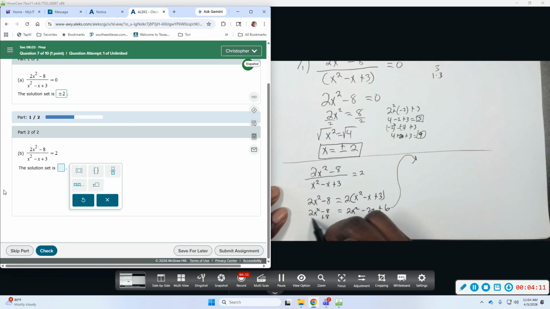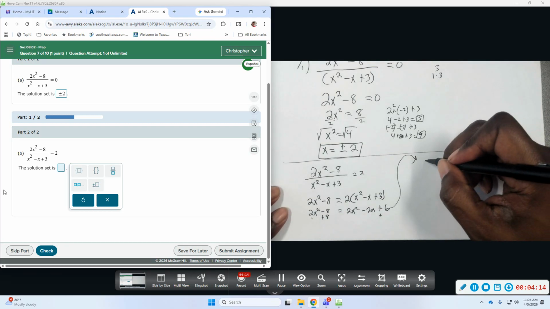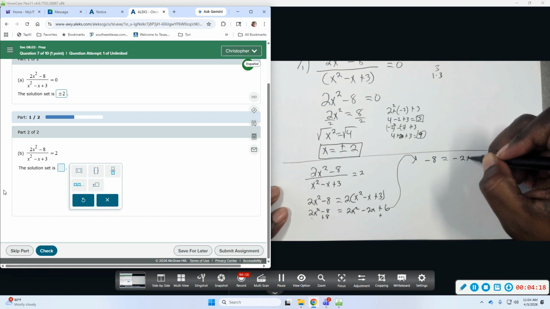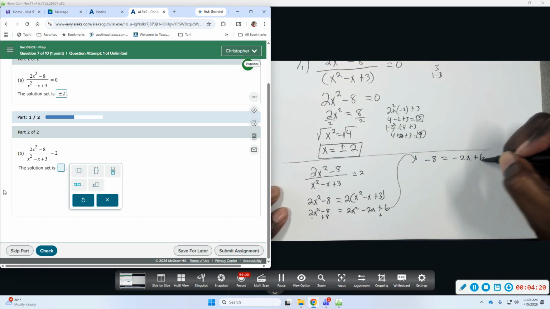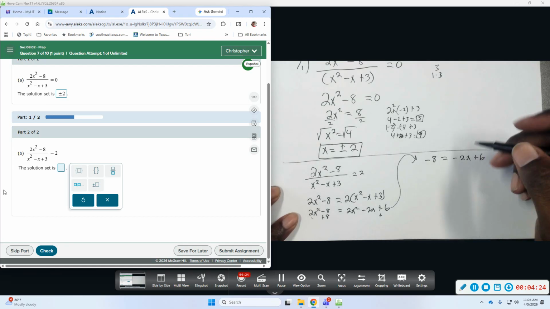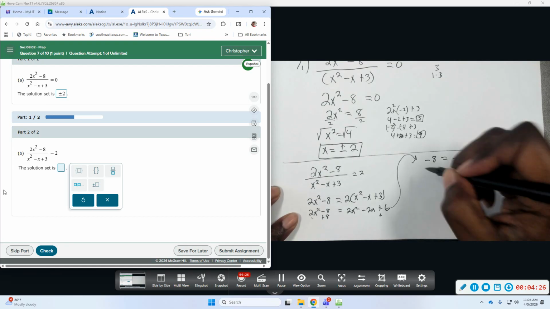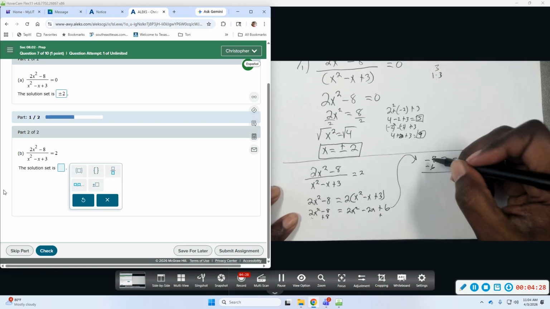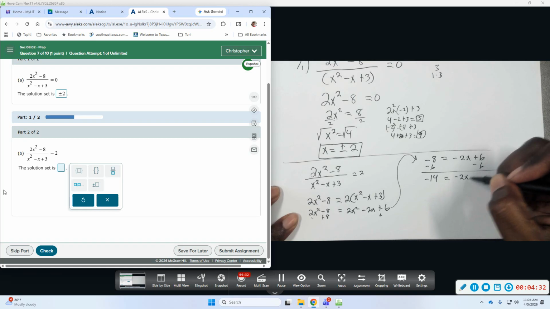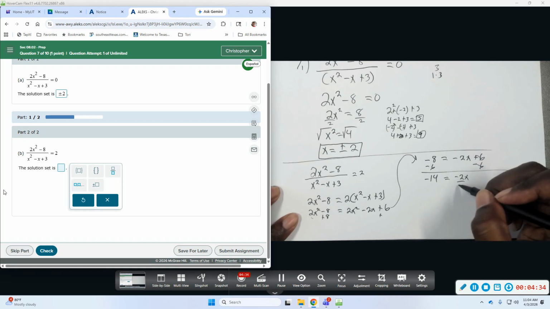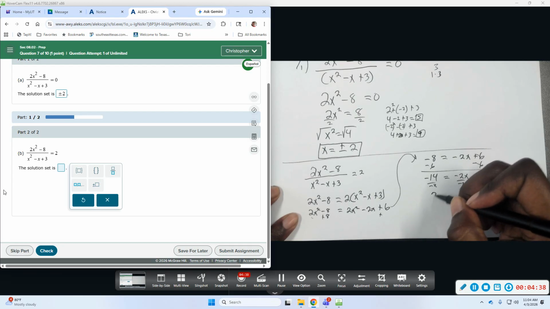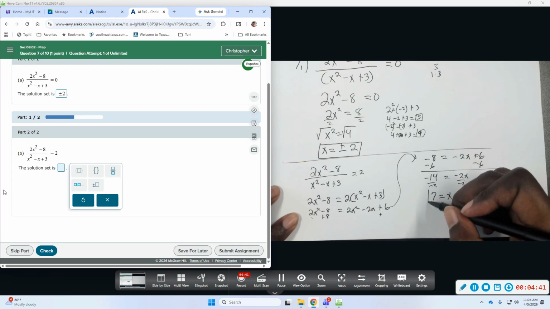So subtract 2x, it will cancel that out, leaving me with a negative 8 equals negative 2x plus 6. Since I have a linear expression, I'm just going to move the 6 over. So subtract 6. This gives me a negative 14 equals a negative 2x. And then divide by negative 2. And that gives us a positive 7 equals x.